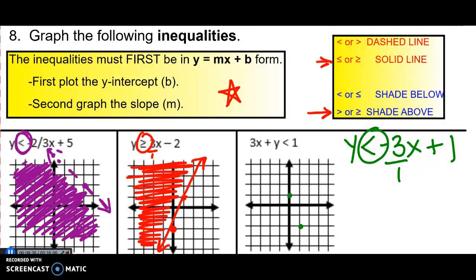We don't have the equal sign, so we do a dashed line. Okay, we also see less than, which means we shade below our line. So I'm going to shade my graph on this side of the line.